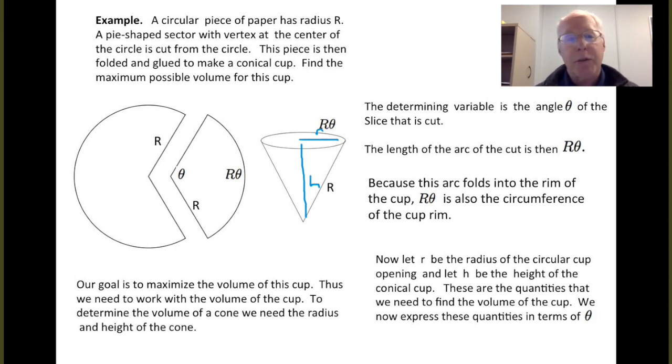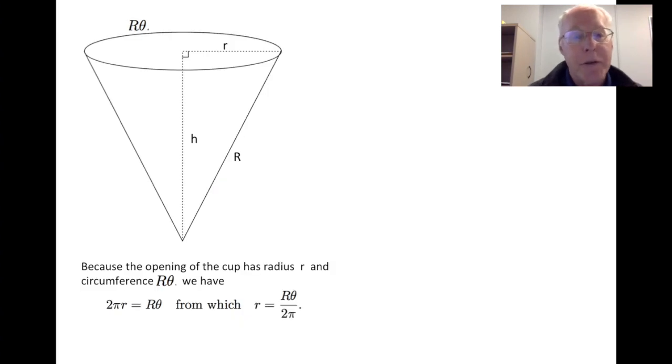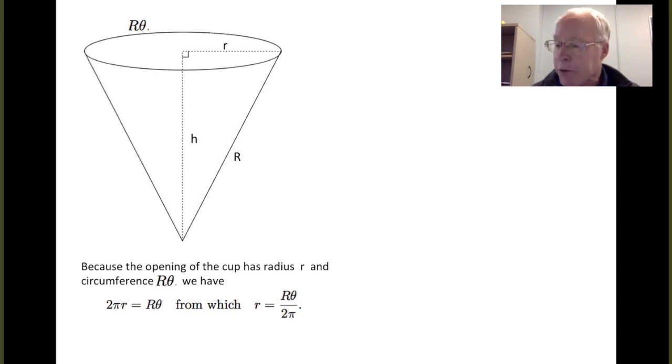So in the next picture, we've actually put those elements in. There's the r and the h. We've made a bigger picture here. So what can we say about r and h in terms of the variable theta over which we have control? First of all, we notice that, again, we have the circumference of this opening. The circumference of this opening of the cup is R theta.